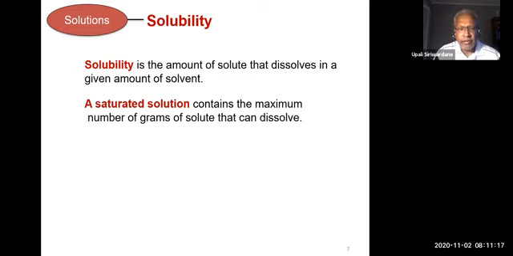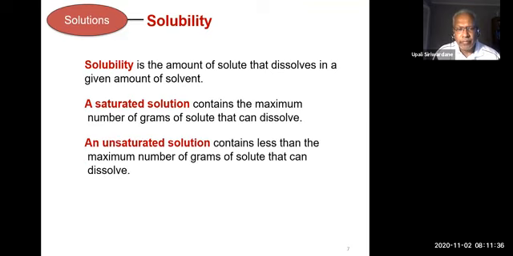That means at a particular temperature you cannot dissolve any more solute into the solution, so some solute remains at the bottom of the solution. An unsaturated solution is one that can have more solute added and contains less than the maximum number of grams of solute that can dissolve.